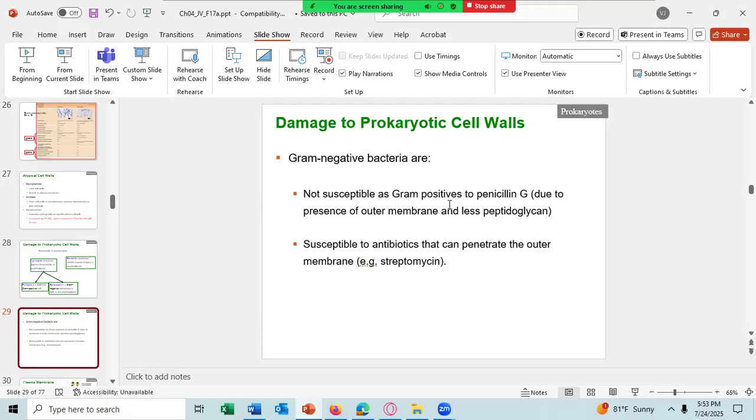Now, that doesn't mean that there aren't antibiotics that can damage the cell wall of a gram-negative cell. As I already mentioned, ampicillin can get through the outer membrane of the cell wall of a gram-negative cell. And so ampicillin can damage the cell wall of a gram-negative cell, as well as it can damage the cell wall of a gram-positive cell.